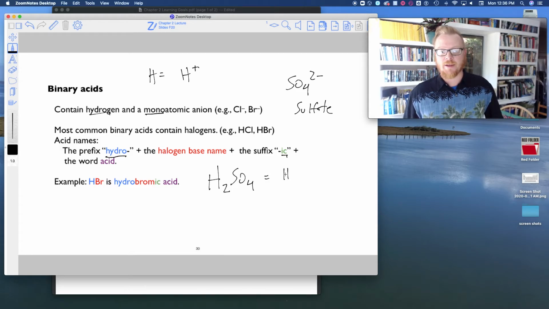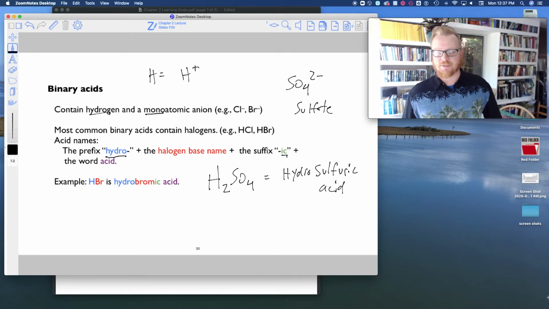That's going to make hydrosulfuric acid. Hydrosulfuric acid, okay? Sometimes we can just call this sulfuric acid, and that's okay too, okay?